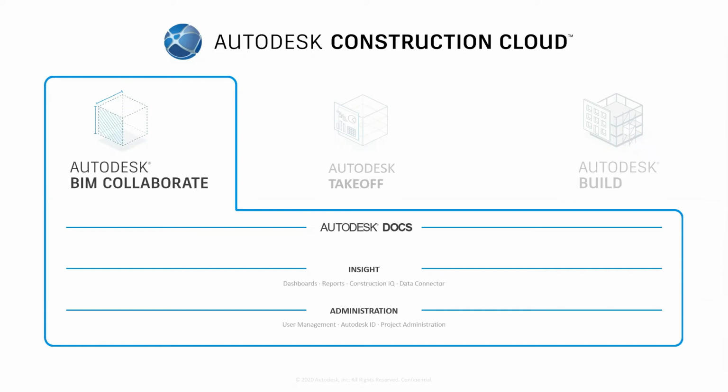at the end of this webinar, but I just wanted to touch on that to make sure you are aware that not only with BIM Collaborate do you get the features and the workflows of Autodesk Docs, but you also have the ability to review insights, dashboards and reports for how projects are tracking and how issues are going, and approval workflows and things like that. And that can be customized to a certain extent as well.